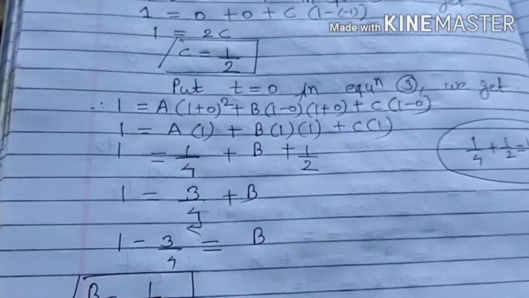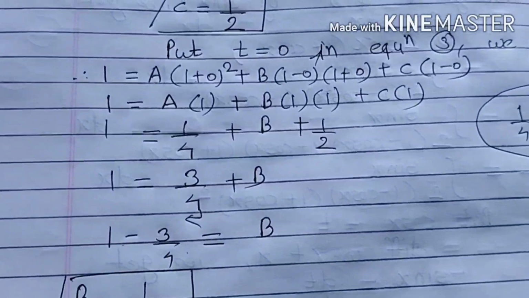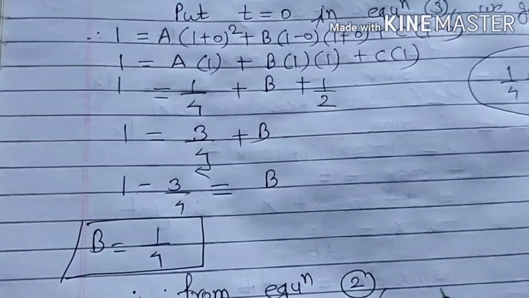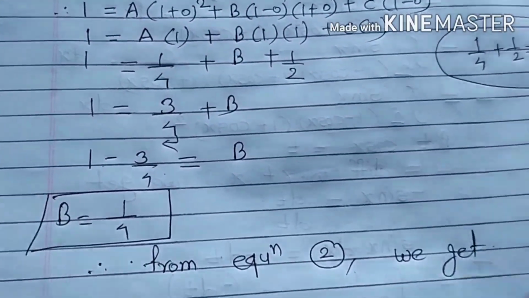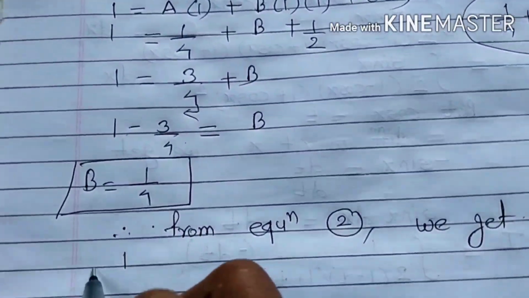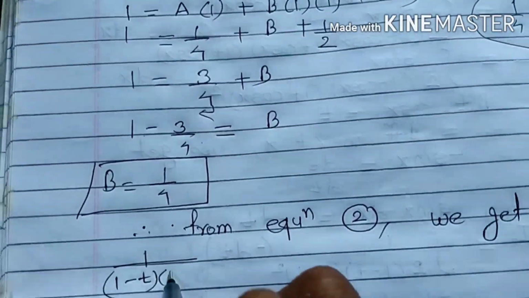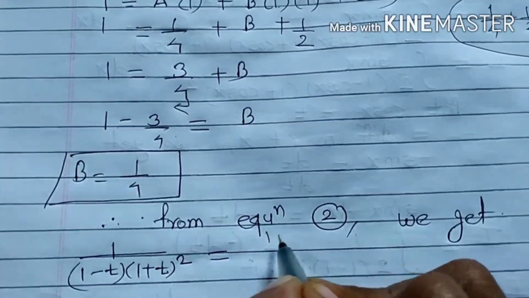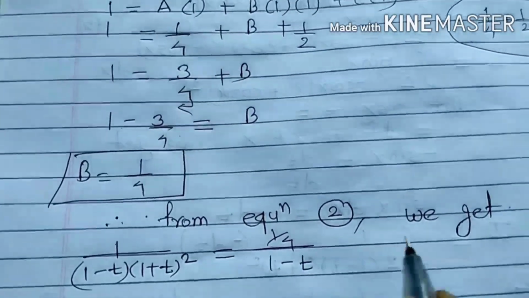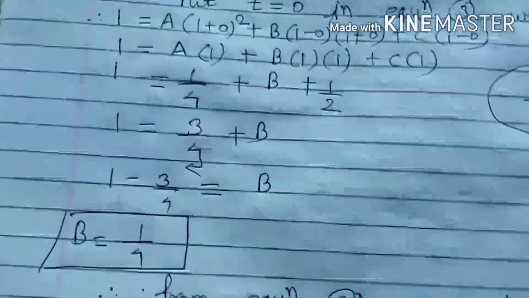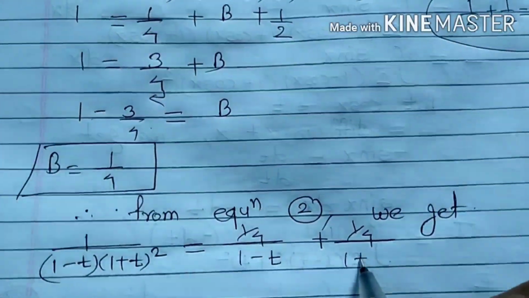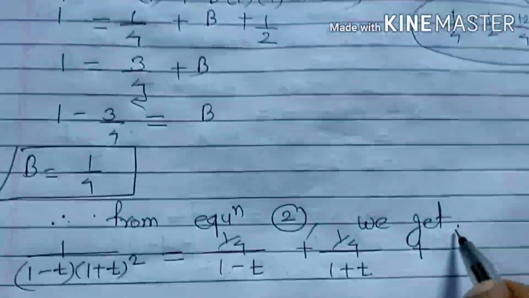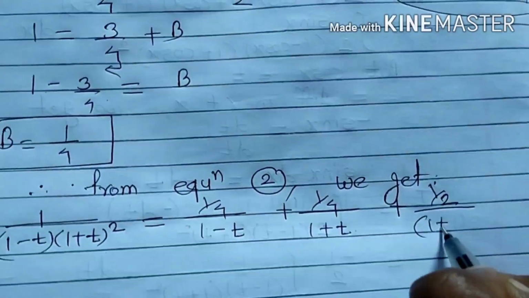Now using the values of a, b, c, from equation 2nd we get 1 upon (1 minus t)(1 plus t) square, which is equal to 1 by 4 (1 minus t) plus 1 by 4 (1 plus t) plus 1 by 2, the value of c is 1 by 2, so 1 by 2 (1 plus t) square.